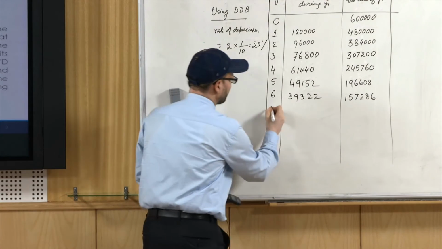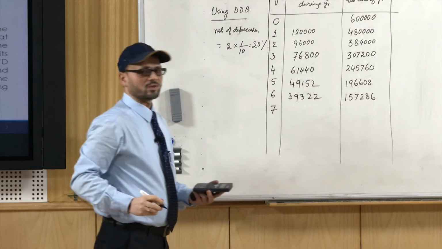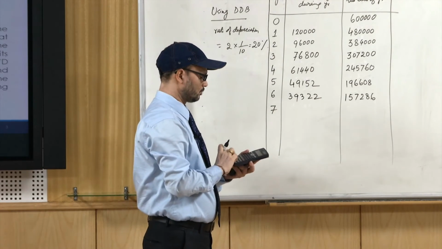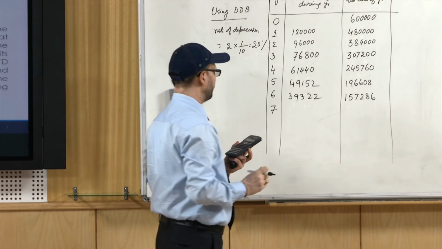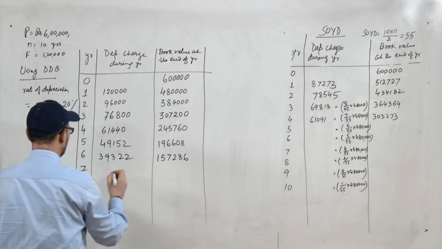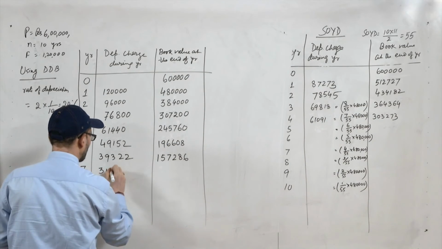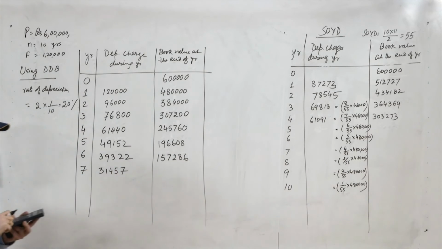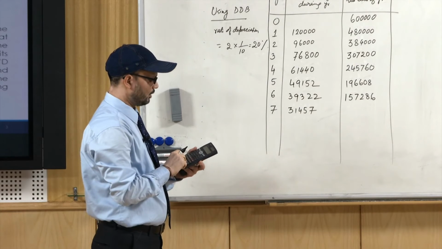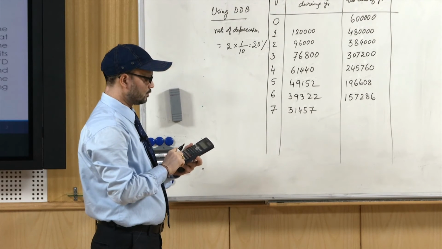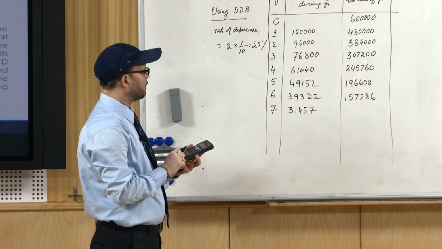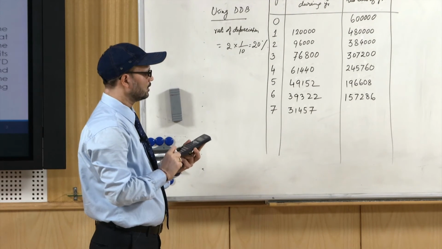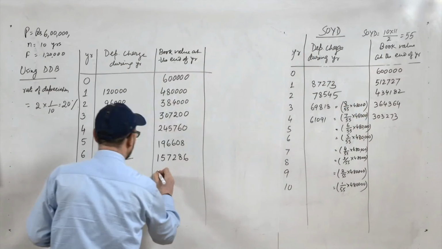Now, in the seventh year the depreciation charge will be 20% of this, it will be 31,457. So, 157,286 minus 31,457, that is 125,829.